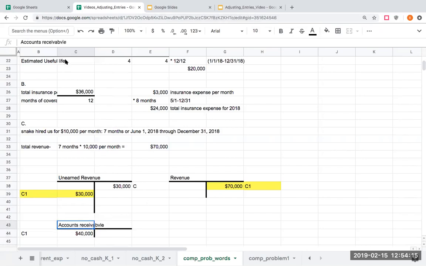The reason is, if we think about this intuitively, I performed $70,000 worth of services. I got a cash advance from Snake of $30,000. So this $40,000 is the amount owed from Snake, and this is going to be our accounts receivable.